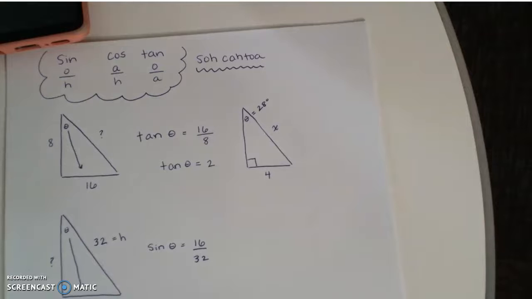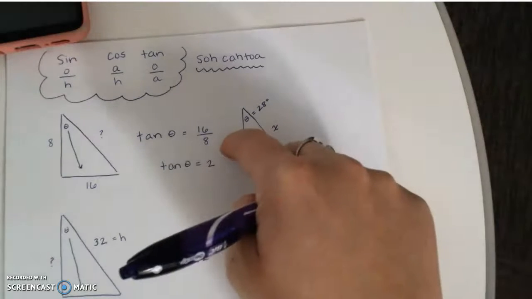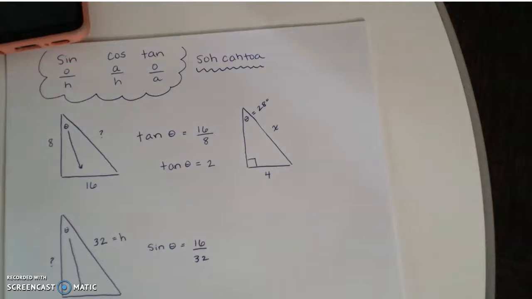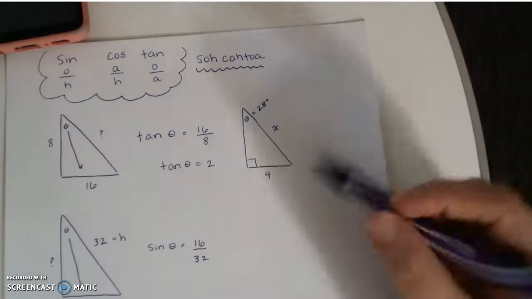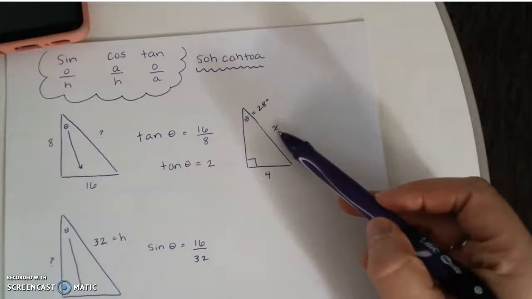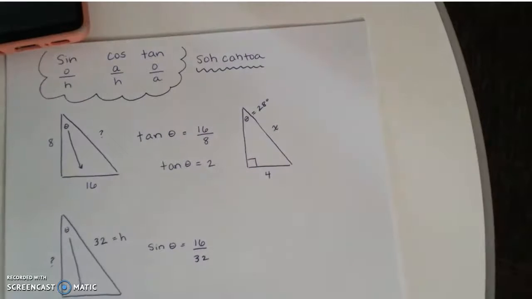Okay? I cannot use the Pythagorean theorem here because I do not have this side. So it doesn't help me at all. I only have one side. So in order to solve for this side, I have to use one of my trigonometric identities.